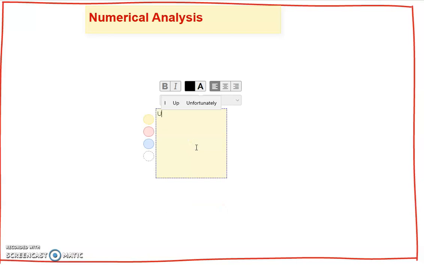The first question says: use the Gauss elimination method to solve the following system of linear equations.